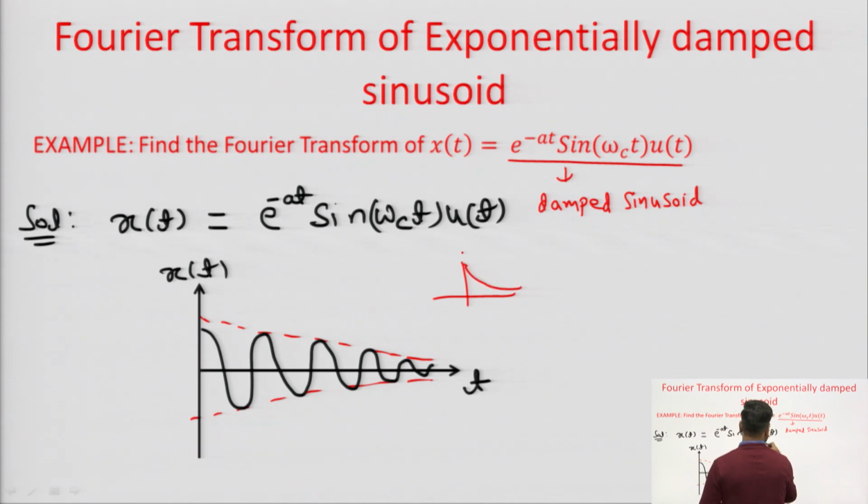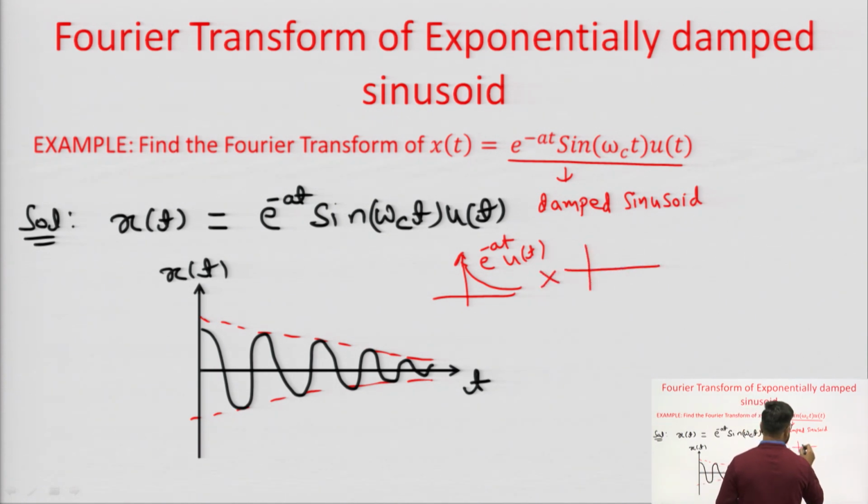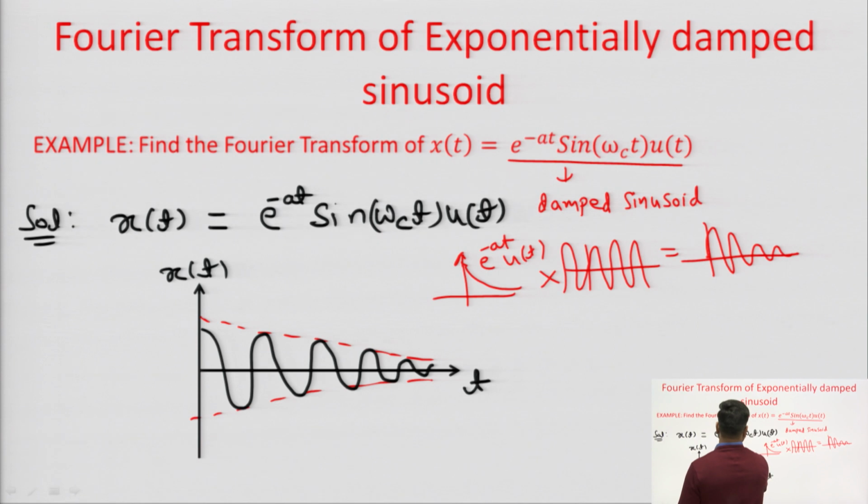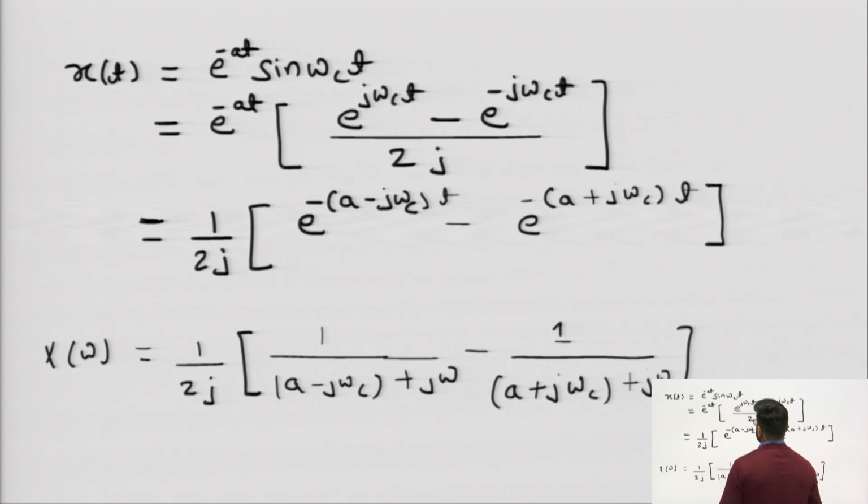The signal looks like this, e to the power minus a t u of t, and it is multiplied with a sinusoidal signal. On multiplication we will get e to the power minus a t sin omega c t into u of t. It will be like this.